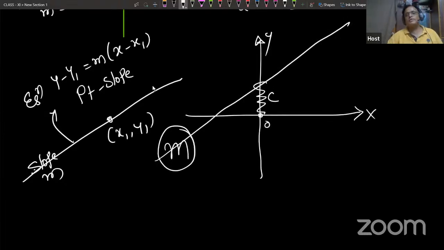The equation of this line is y is equal to given slope into x plus given y-intercept.